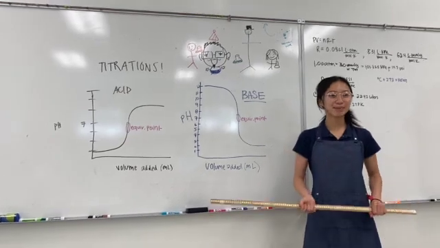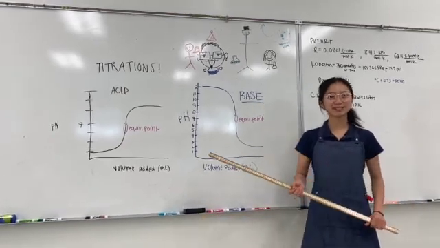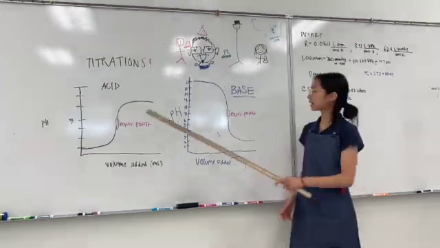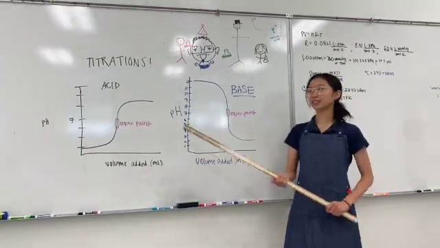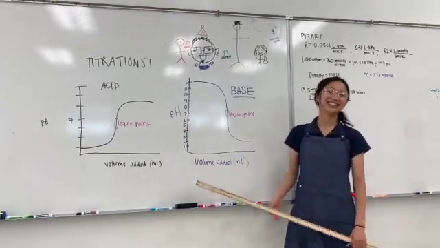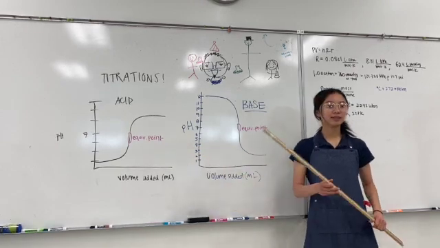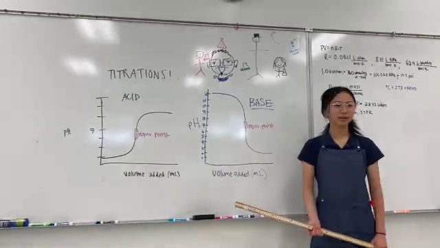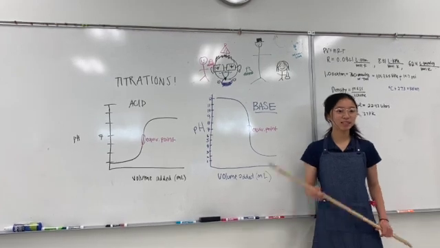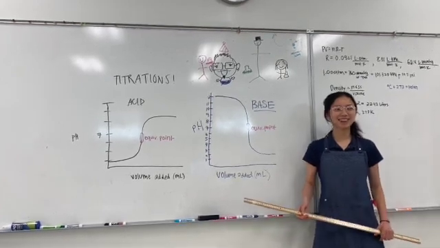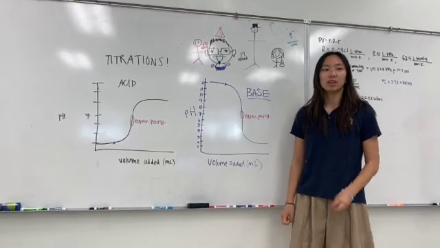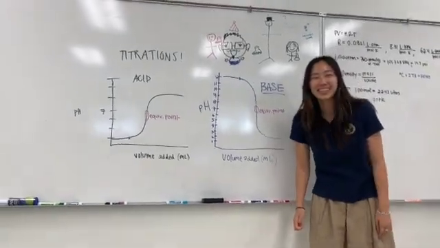Here are some key components of the graph that you'll need to be able to identify: an increase or decrease in pH based on one drop of your titrant. This equivalence point might not be exactly 7.